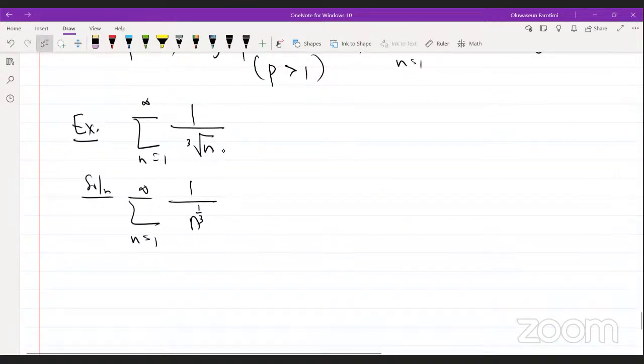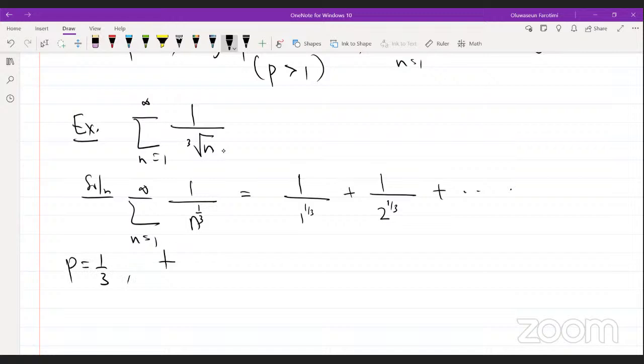If I want to write this guy, this is like 1 divided by 1 to the power of 1/3 plus 1 divided by 2 to the power of 1/3. And you know, p is 1/3, right?